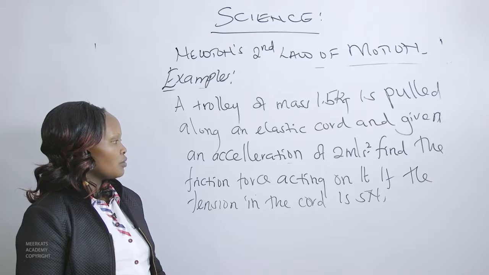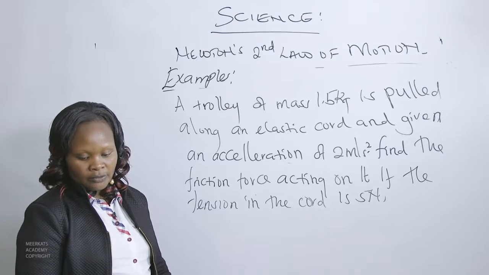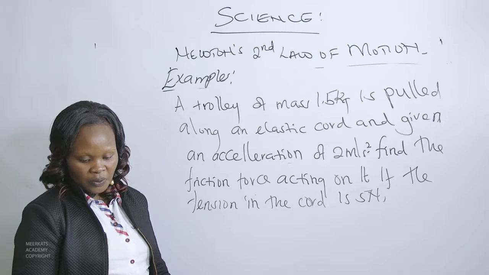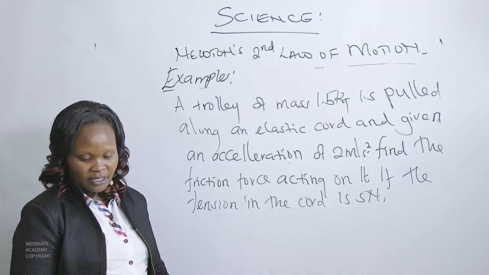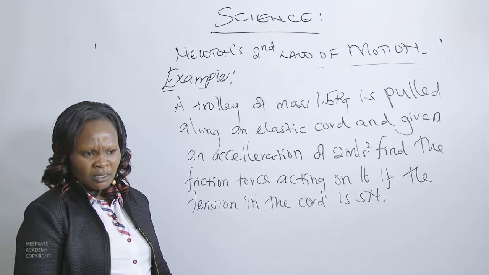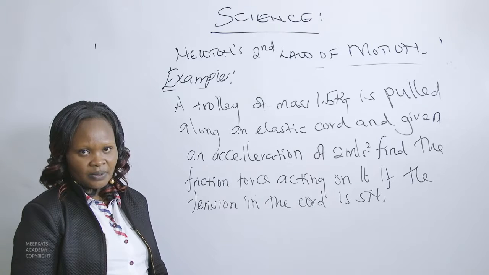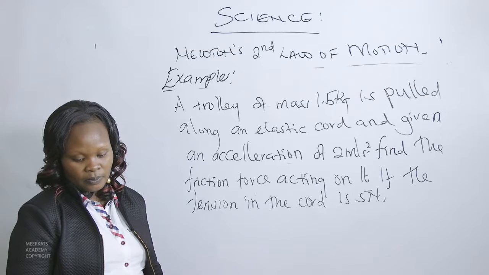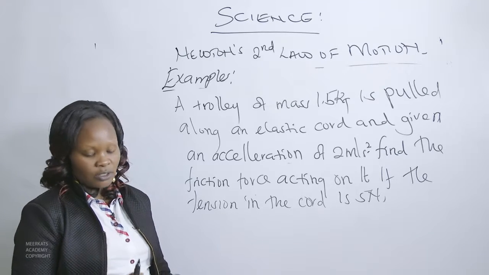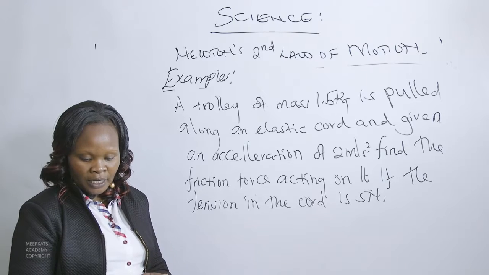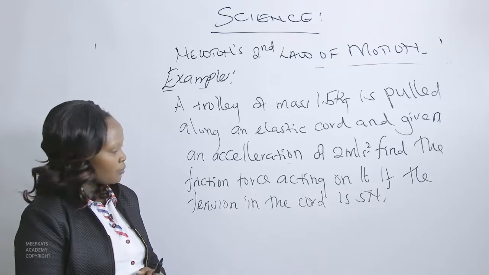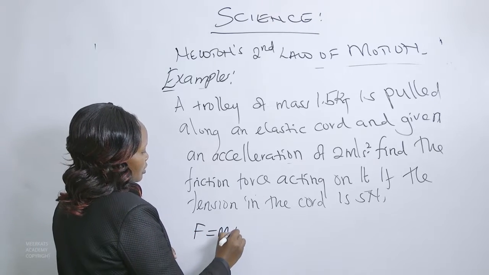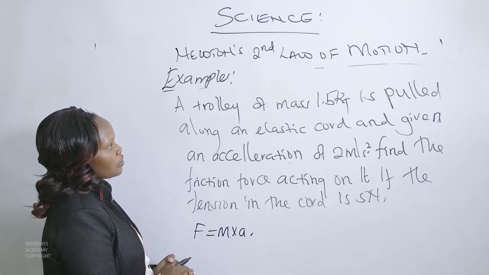Find the friction force acting on it if the tension on the cord is 5 newtons. Now, we know that force is given by mass times acceleration.